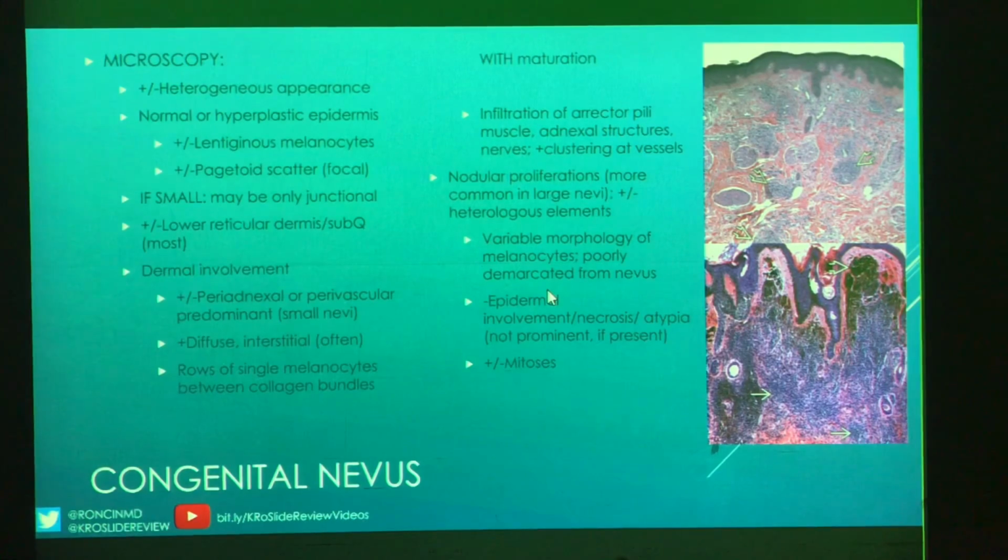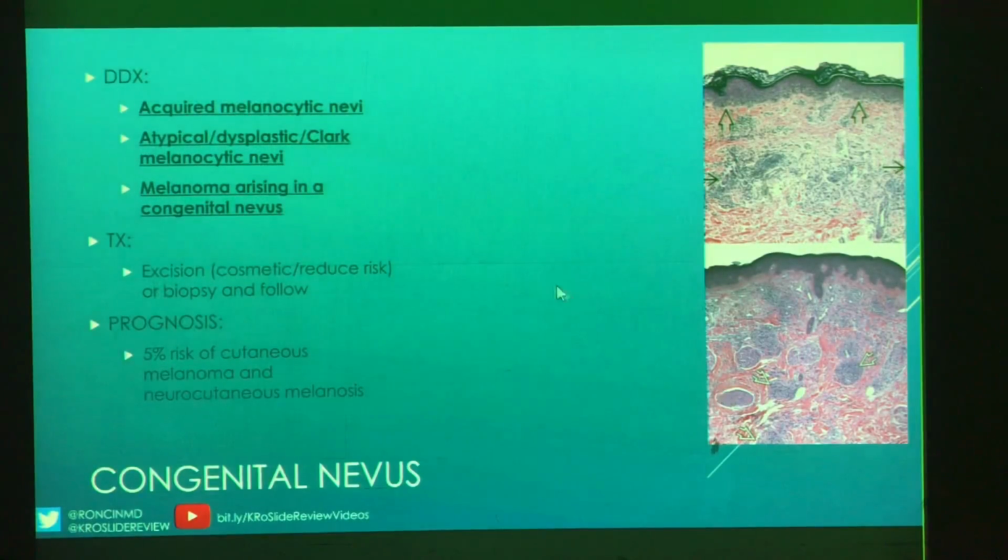With nodular proliferations, you won't see that epidermal involvement. You should not see necrosis, and you should not see atypia. If you have some mild atypia, it should not be prominent, and you may or may not see mitotic activity. Your differential, again, is your acquired melanocytic nevi, so those are nevi that we get as we age.